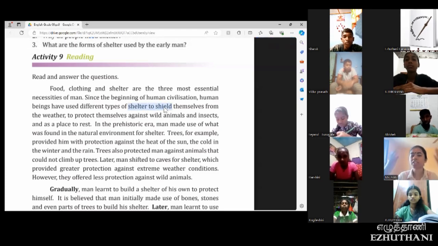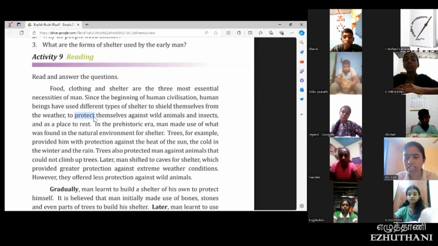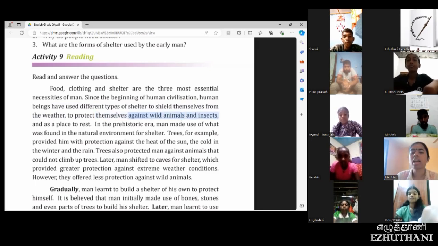So அவ இருக்கிற உறைவிடம் அவைய shield பண்ணி வச்சிருக்கும் themselves from the weather. So weather வந்து தெரியும் தானே, வெயில் காலம், பனி காலம். Yes. So to shield, protect, same thing. To protect themselves, protection, right? Themselves against wild animals. So காட்டுக்குள்ள இருக்கிற மிருகங்கள் and insects, பூச்சிகள், and as a place to rest. So rest means relax, to relax or sleep, whatever.